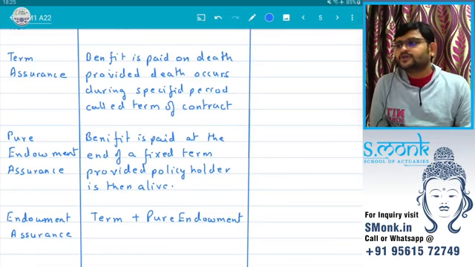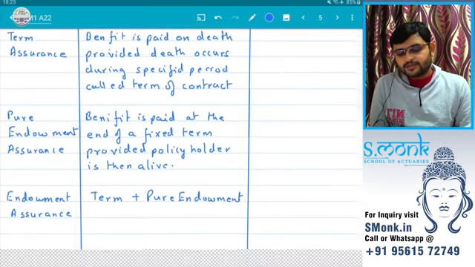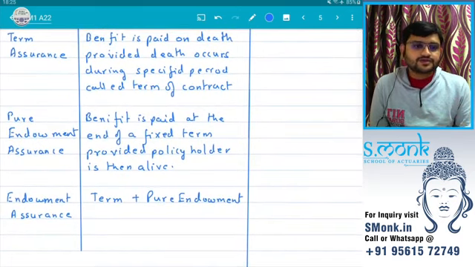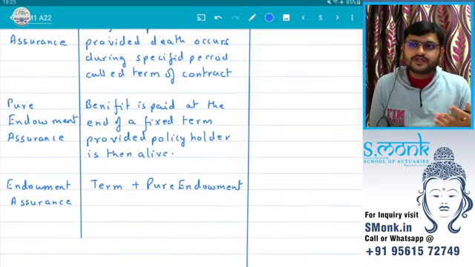So you might ask, what is the purpose of this? This is usually done if you are investing money for some purpose, maybe for marriage. If the purpose is that if the person is alive, then you need money, you will do that.